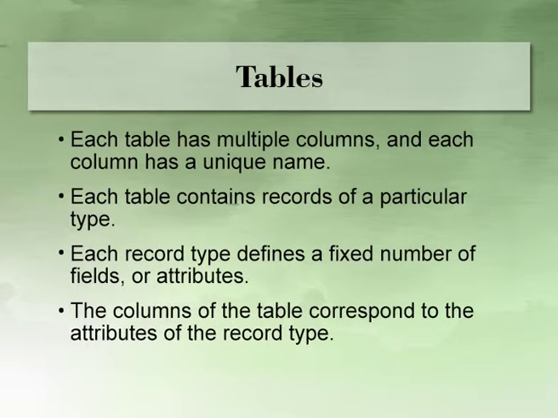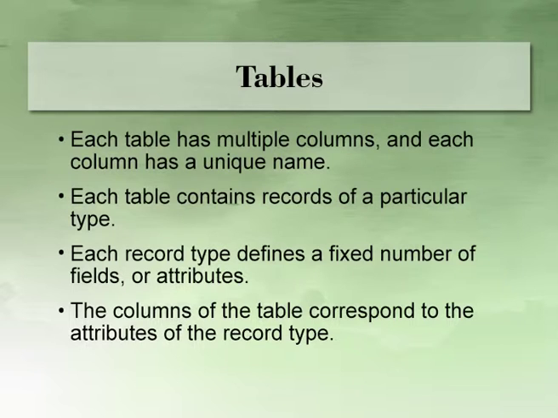So, we have provided values, or created a record. That is Rahul's record. Then comes another person we can enter. Each record type defines a fixed number of fields or attributes, and each row we provide is called a record.